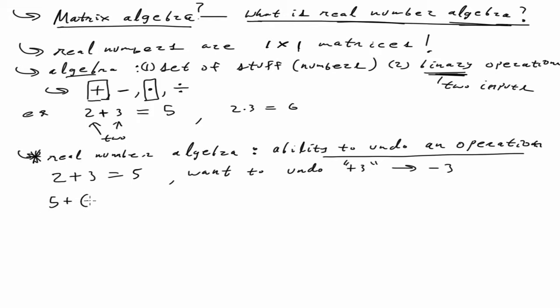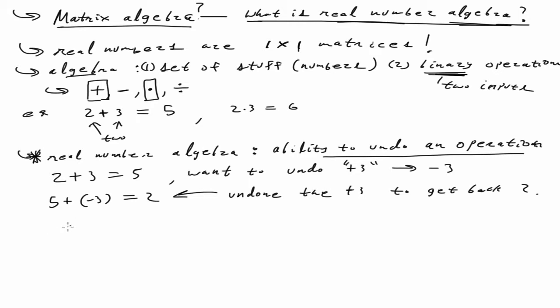So if I have 5, then I add minus 3, I get back to where I came from. So I've undone the plus 3 to get back 2.